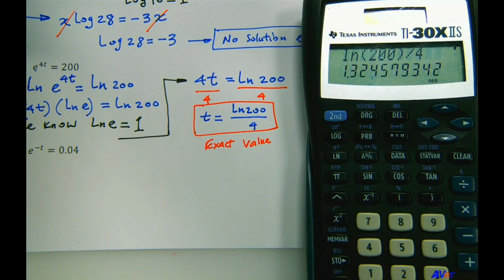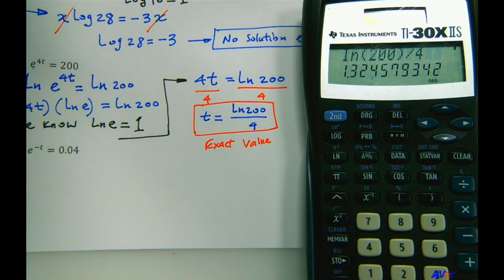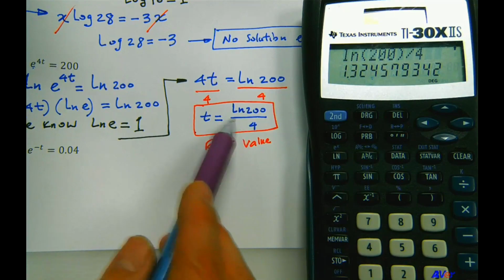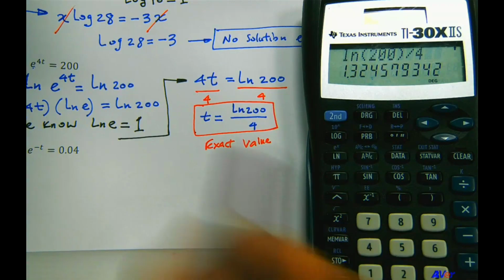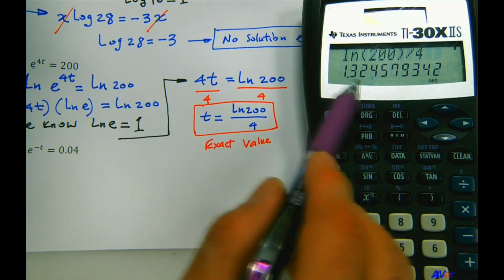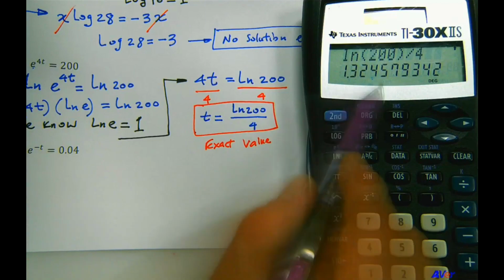I mean, you can round that to 1.32 or 1.3246, depending on how many decimal places somebody asks you to round your final answers to. But most likely, you'll be asked to give the exact answer, and that is the exact answer.